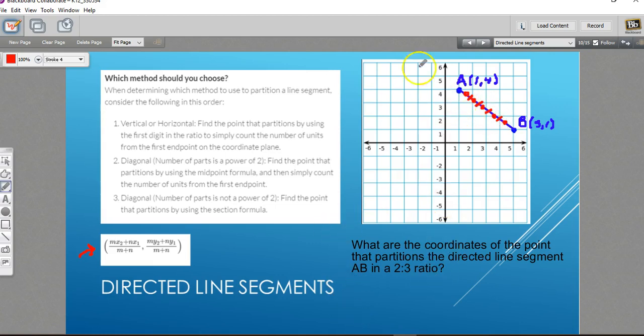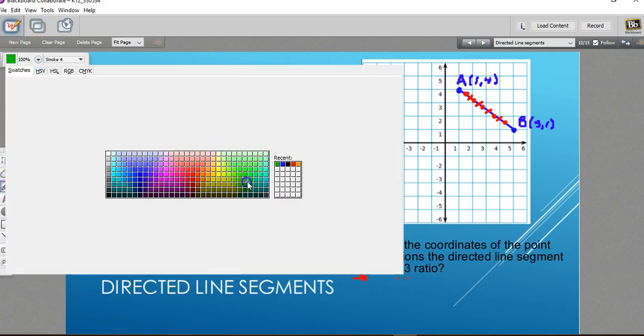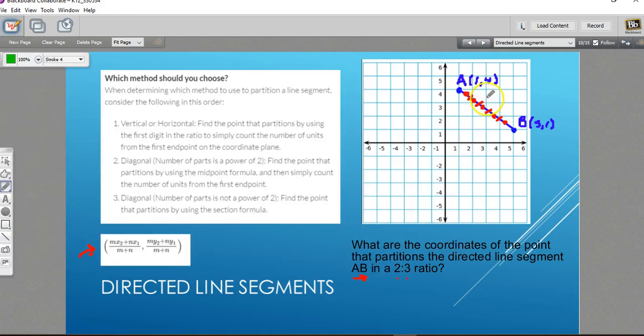And we want to know, since we are going from A to B and we want a 2 to 3 ratio, that means we want, and I'll go ahead and mark this in a little more distinct way, this guy right here. That's supposed to be a star, but it's not. But anyway, we know that m is 2 and n is 3.